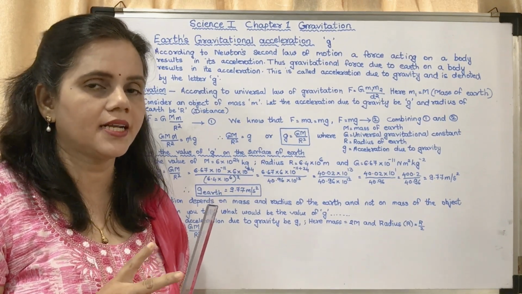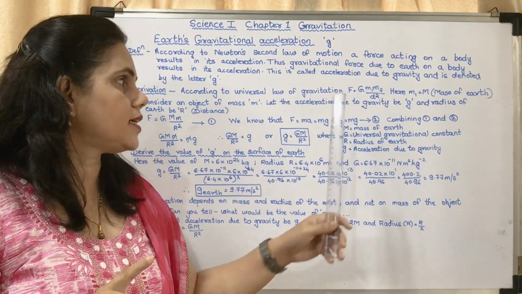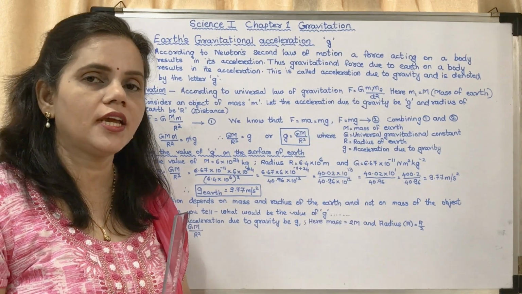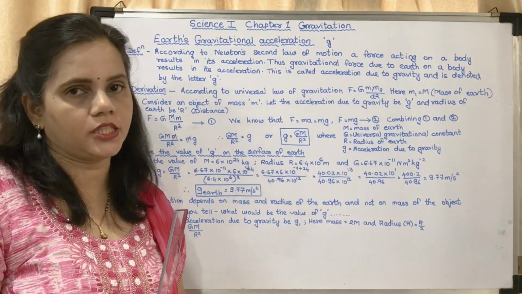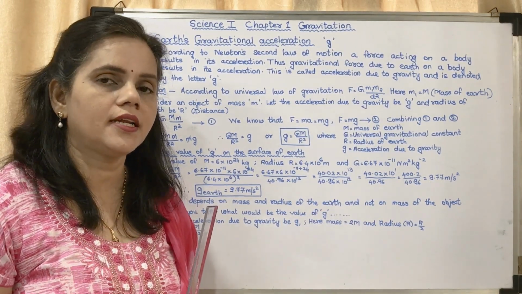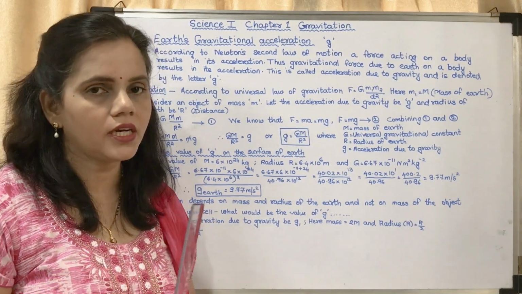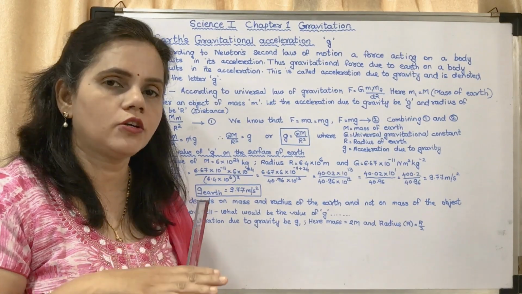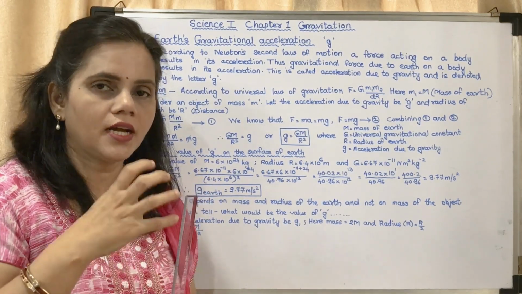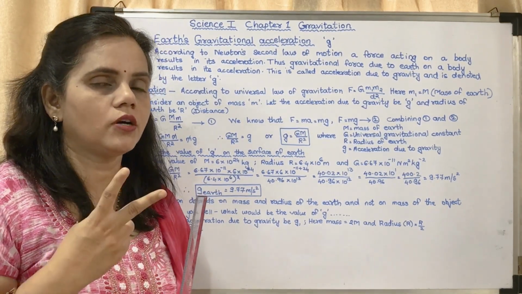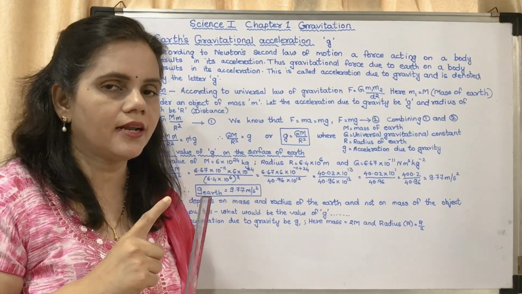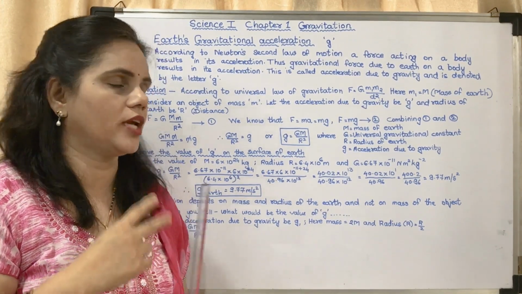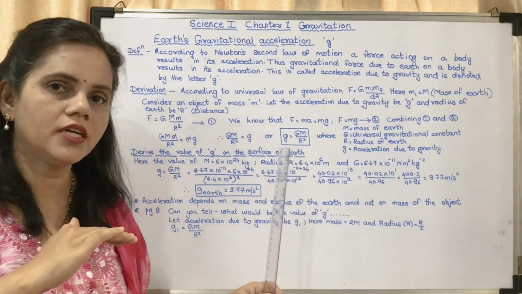Do you remember, in the last lecture we studied this equation, F is equal to G m1 m2 upon d square. Now here we are considering an object on the surface of the earth. So one object is the earth itself and the other object is the object which we are considering. So there are two objects: one is the earth itself and the other is an object on the surface of the earth.